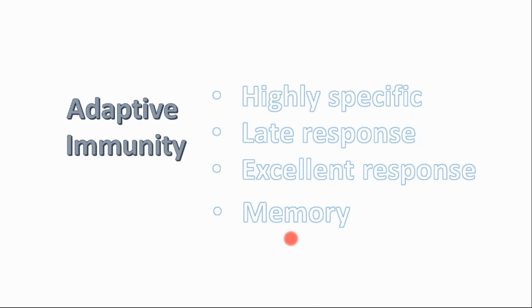It stores the memory in such a way that the next time the antigen is entering the body, it tries to prepare itself and doesn't harm the body and kills the antigen. The body is not harmed the next time. And hence, the adaptive immunity is highly specific and excellent.